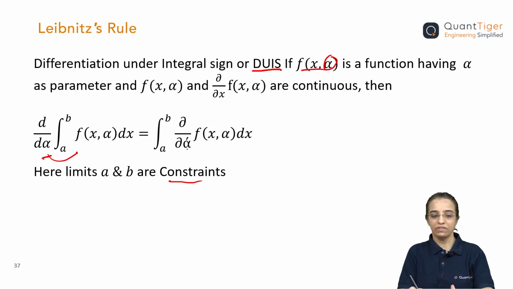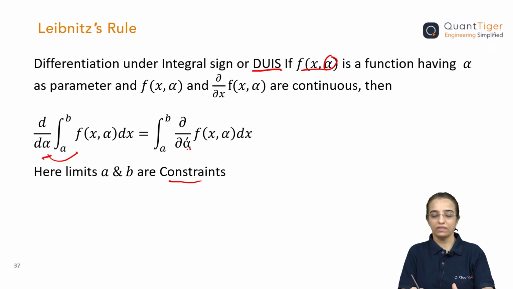When we shift this differentiation inside the integration, it becomes a partial differentiation, and both the values will be equivalent. On the left hand side we find the differentiation of an integration, and on the right hand side we are finding the integration of a differentiation.